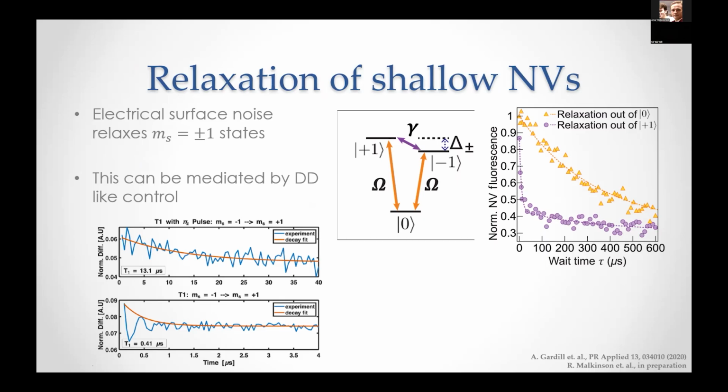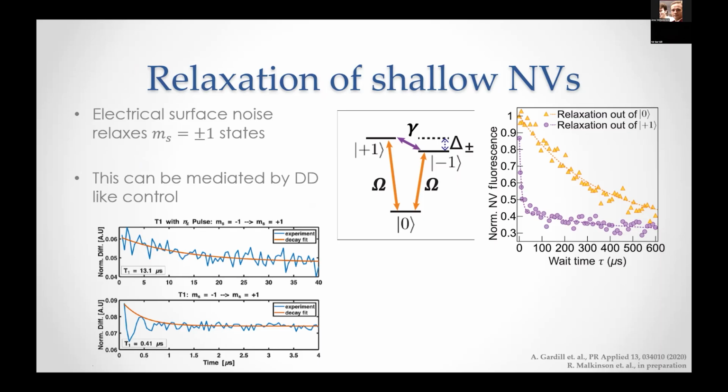And this is a characteristic relaxation curve. It's measured through the fluorescence, but essentially this is how a state, say 0, relaxes as a function of time. And you see this relaxation with a characteristic time scale. But because this is not a trivial system, this is an NV with 3 spin sublevels, you can measure relaxation from different states, from 0 or -1, from +1, from 0 to 1.